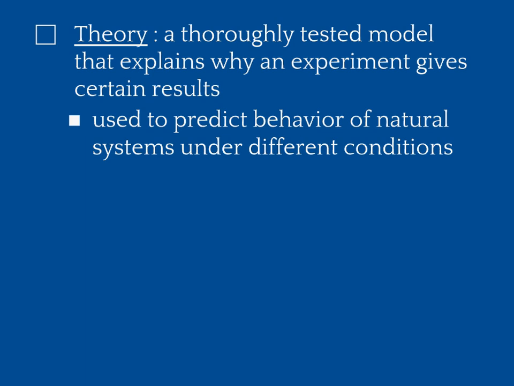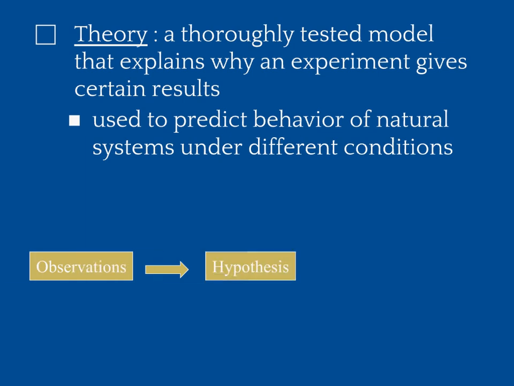All right, so we start off with observations. It's up to you if you want to write this down or not, but I just want to put these all together. Our observations are going to lead to what? Hypothesis, right? Once we have our hypothesis, what do we do next? We do our experiments.